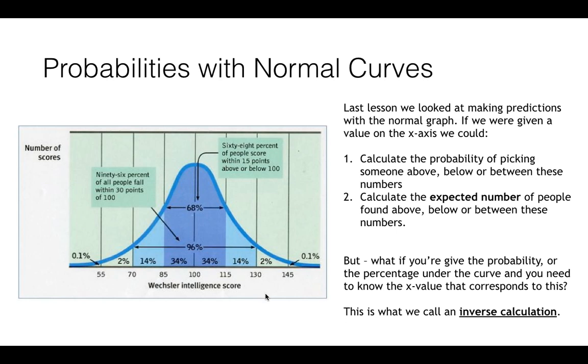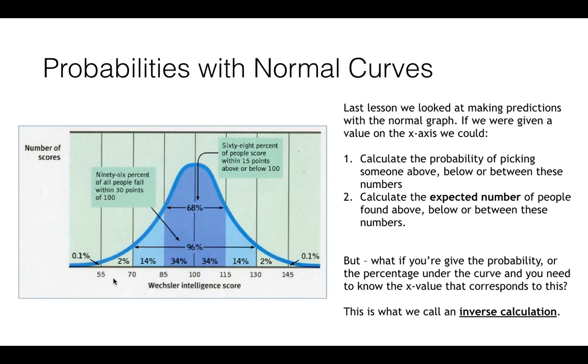What we're going to look at today is if I give you a probability or a percentage for under the curve, and you need to work out which x value that corresponds to. So for instance, if I said to you 50% of people fall below this value, what is the value?